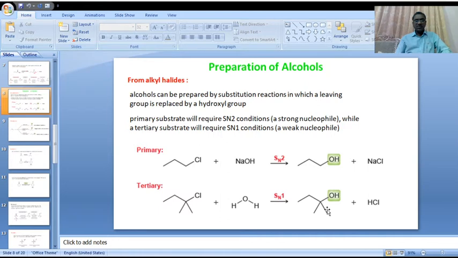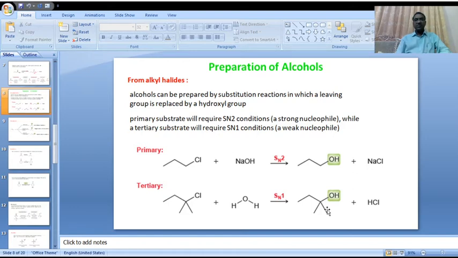In the last class, we discussed the introduction of alcohols and phenols, and we also completed some of the preparation methods of alcohols.